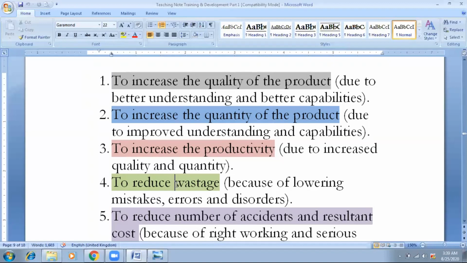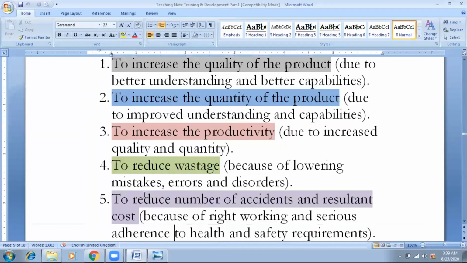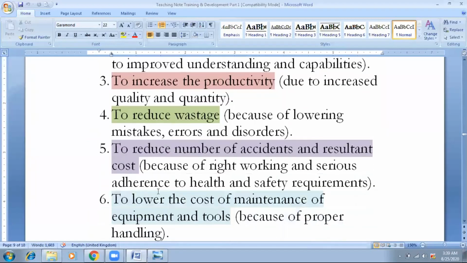Well-trained employees will make no mistakes. If they make mistakes, then the number is less. But non-trained employees will, of course, make a lot of mistakes, errors, disorders. The fifth advantage of T&D is to reduce the number of accidents and resultant cost because of right working and serious adherence to health and safety requirements.